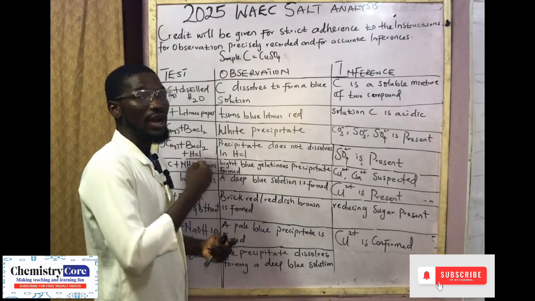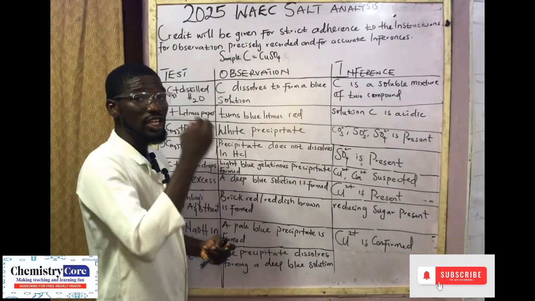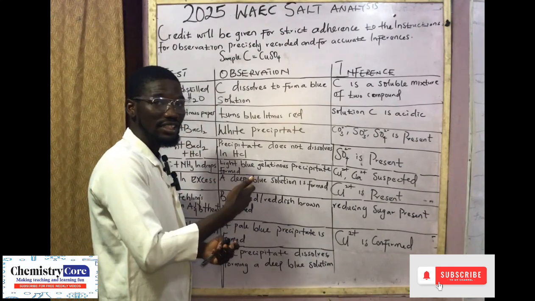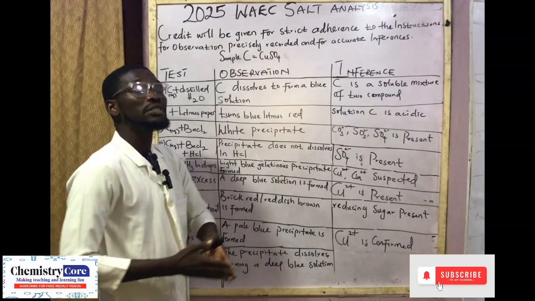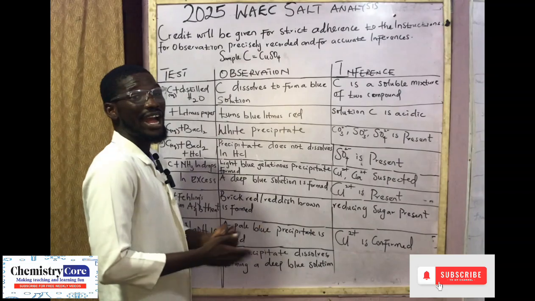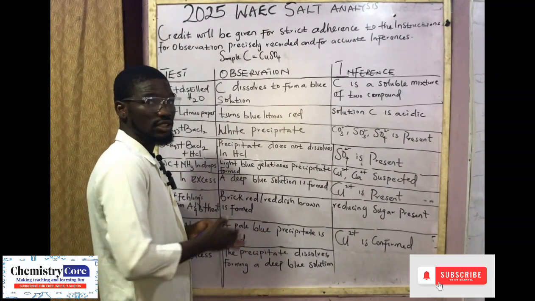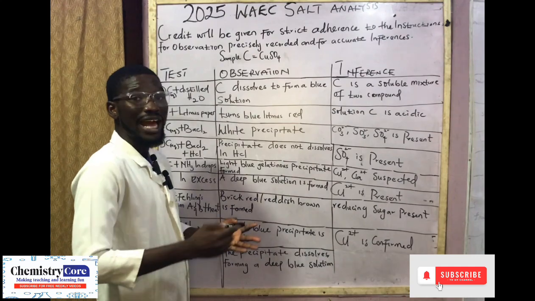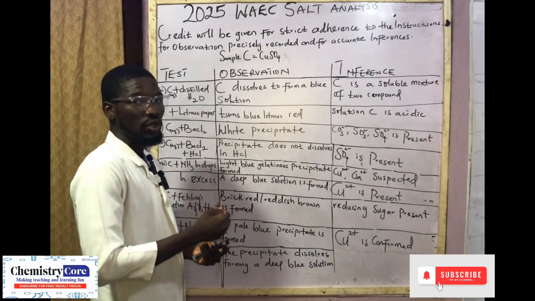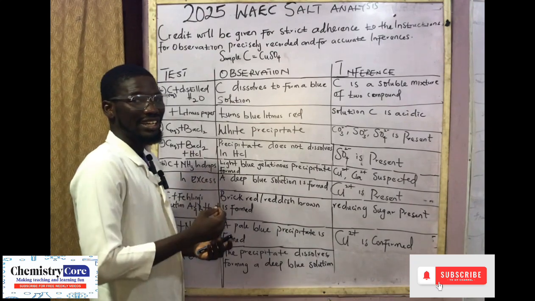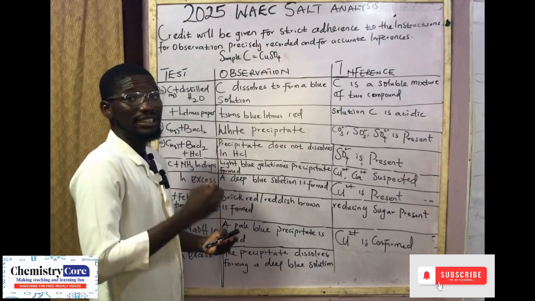And note one thing: when it comes to a qualitative analysis test, it is what you observe that will tell you what the inference will be. The other reagent which WAEC provided for the instruction given to each school, we as well have sulfuric acid, but as a tutor, you need to carry out the practical according to the instruction given by WAEC.